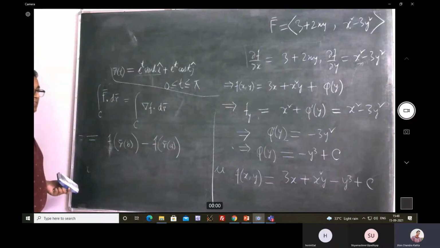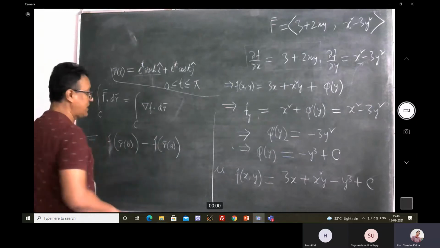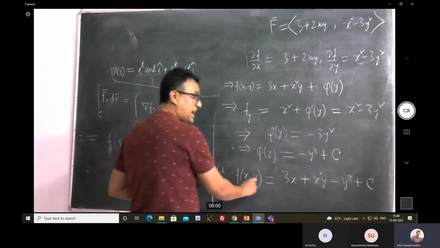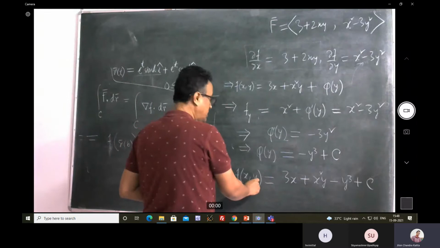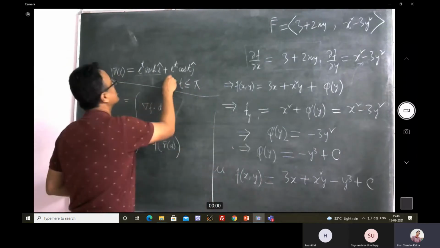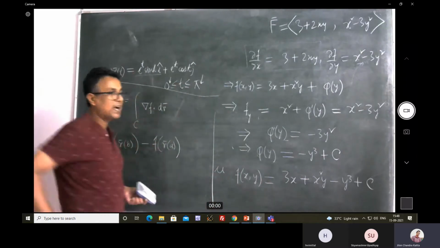Fine, isn't it? So that means it boils down to finding the value of f corresponding to when t equal to 0 and t equal to pi.